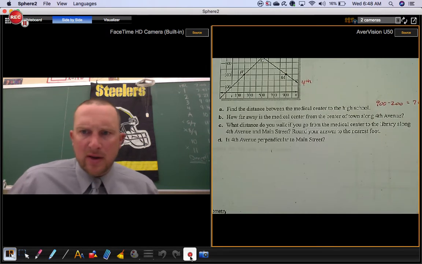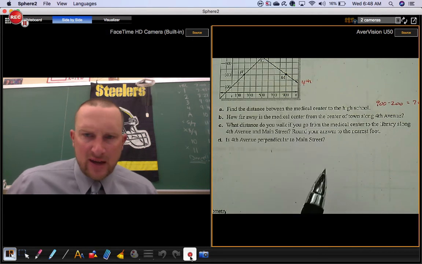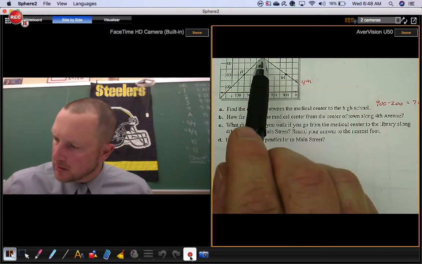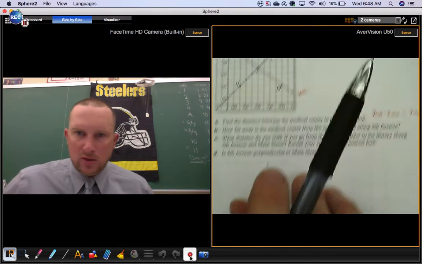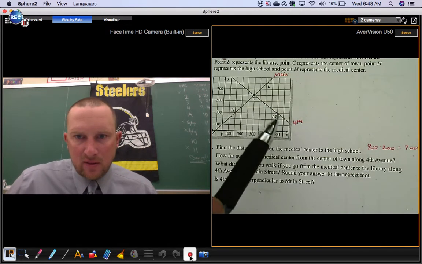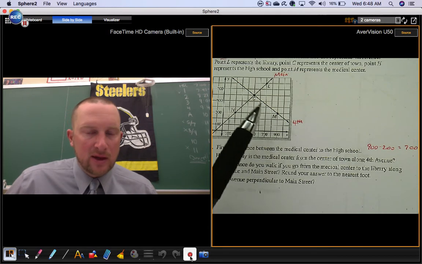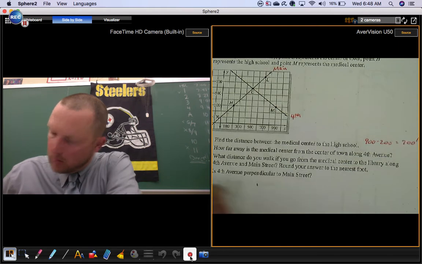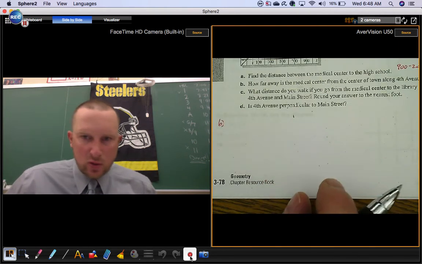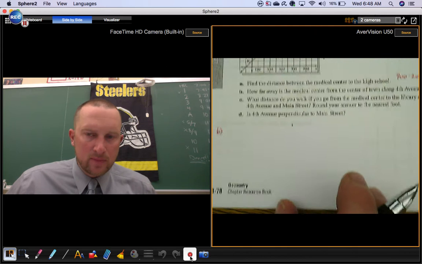How far away is the medical center from the center of town, along 4th Avenue? So now we need to find this distance, and we can't count it because it's a diagonal segment. So what you need to do here is use your distance formula.